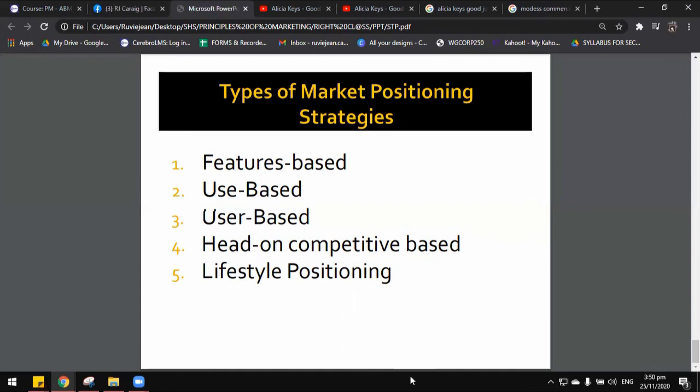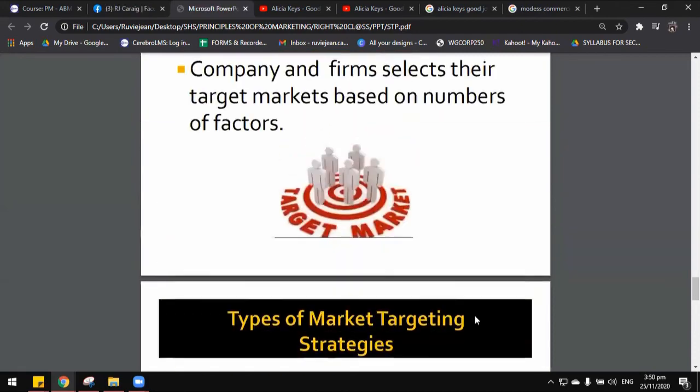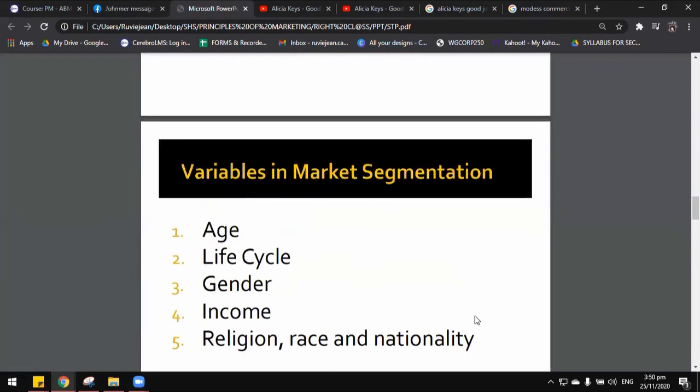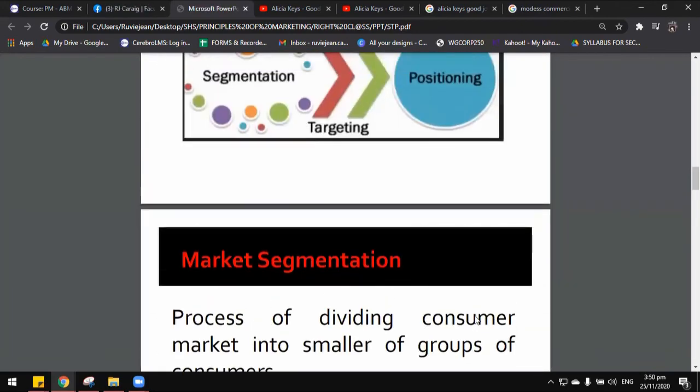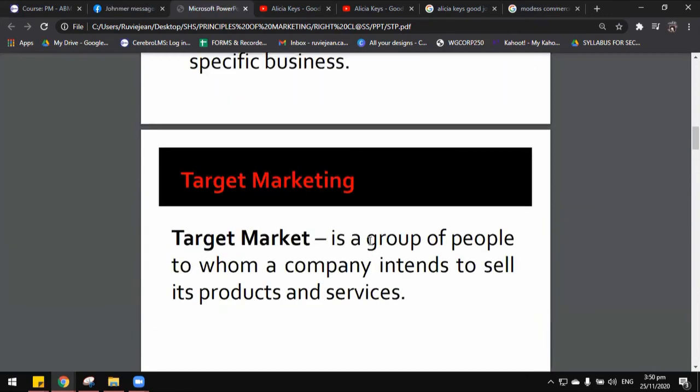So, those are the different market positioning strategies, which is the last stage in the STP process. How do we want our products to be positioned in the minds of the consumers? How do we want to be remembered by our consumers? Consumers meaning yung napili nyo sa market segmentation. So, those are the steps in the market segmentation, target marketing process.